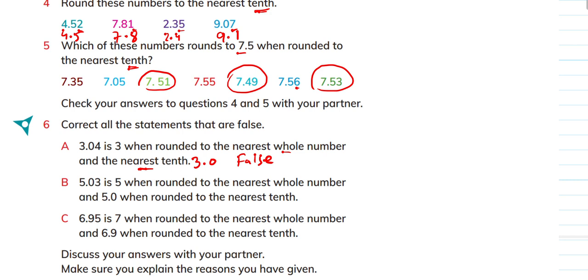So keep the 0. So it will be 3.0, not 3. Later when you learn other forms of rounding, you will learn there is an importance of 0 also. In higher classes, you will learn significant figures. That is why it is false. The first part is correct, but the second part is false. It should be 3.0.